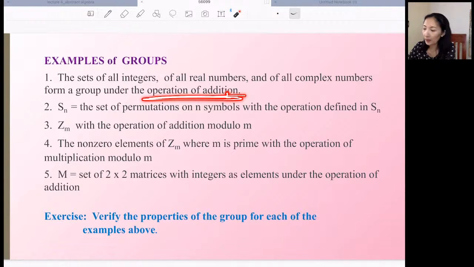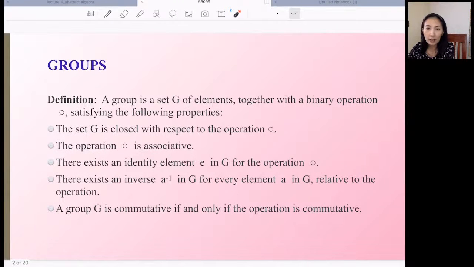What's the first property? Is it closed with respect to addition? Yes, when you add any two real numbers, the result is a real number because R, the set of real numbers, is closed with respect to ordinary addition. So, check. How about associativity? Oh, we have proven that in the past, and accepted.